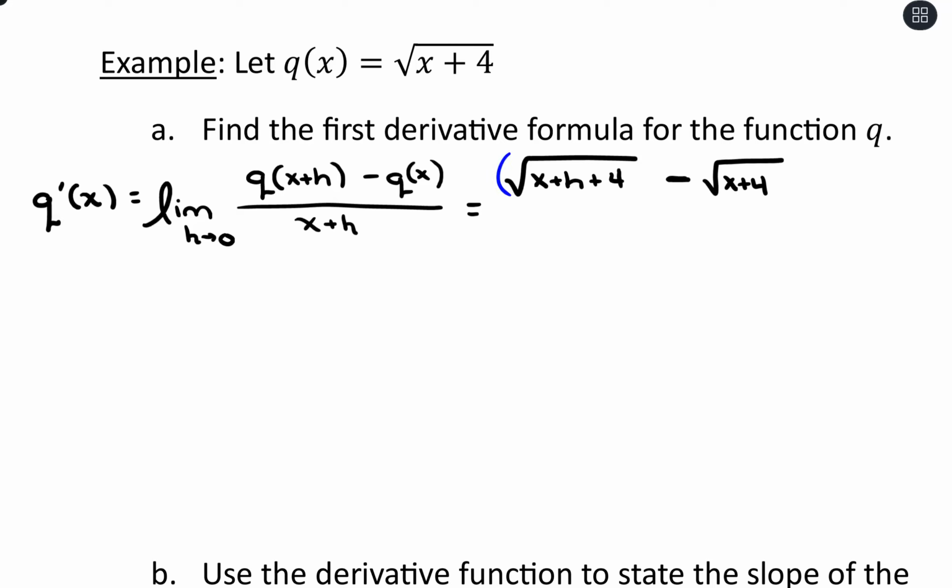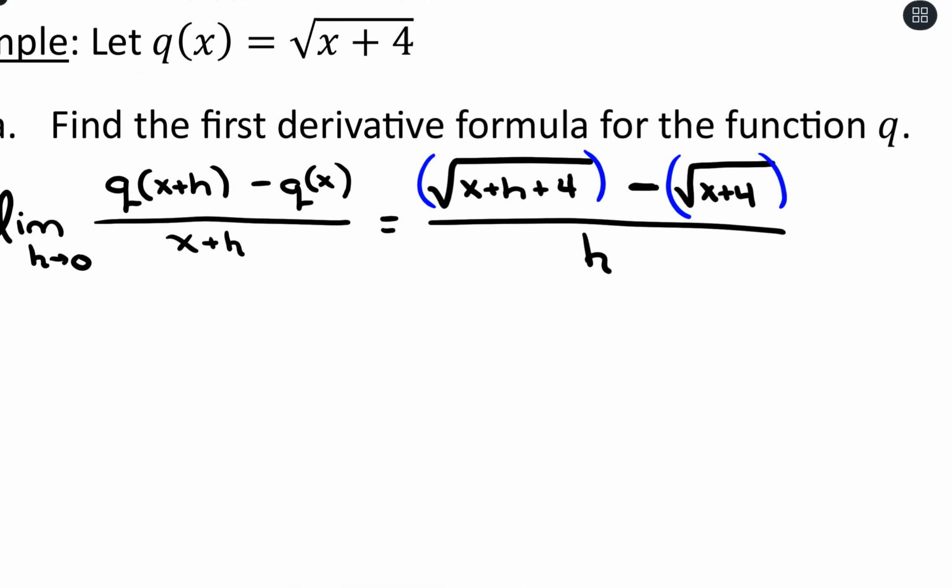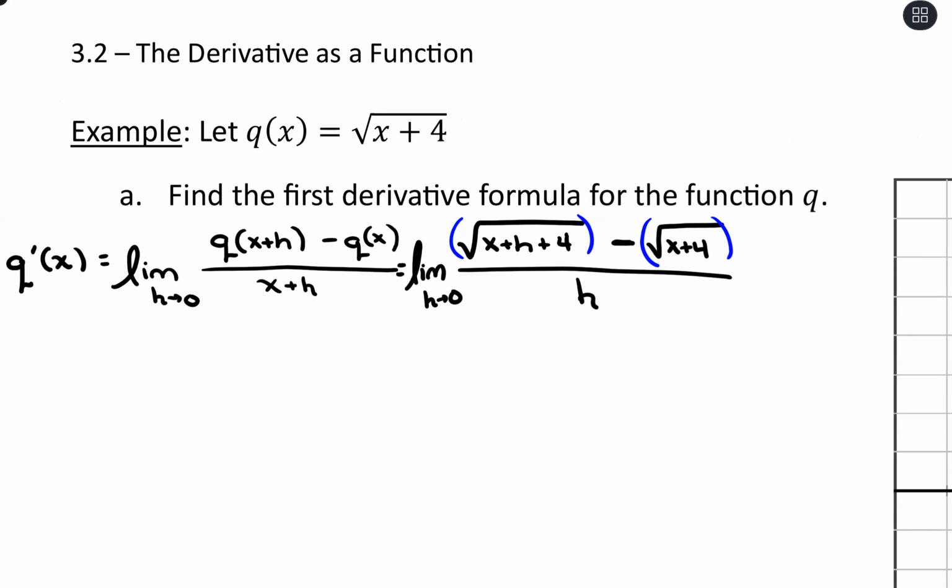So I have my first function minus the second function all over h, and I left out my limit notation, so for consistency I'm just going to squeeze that in here because it is important that we're still evaluating that limit as h approaches 0.